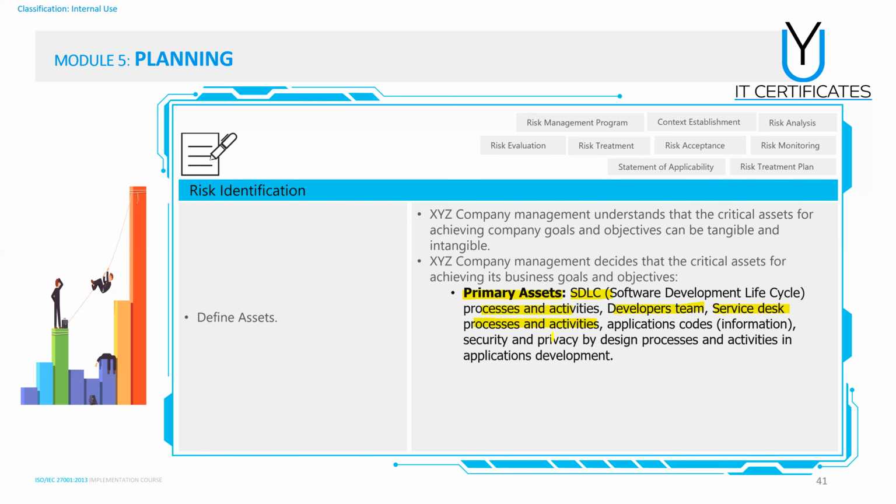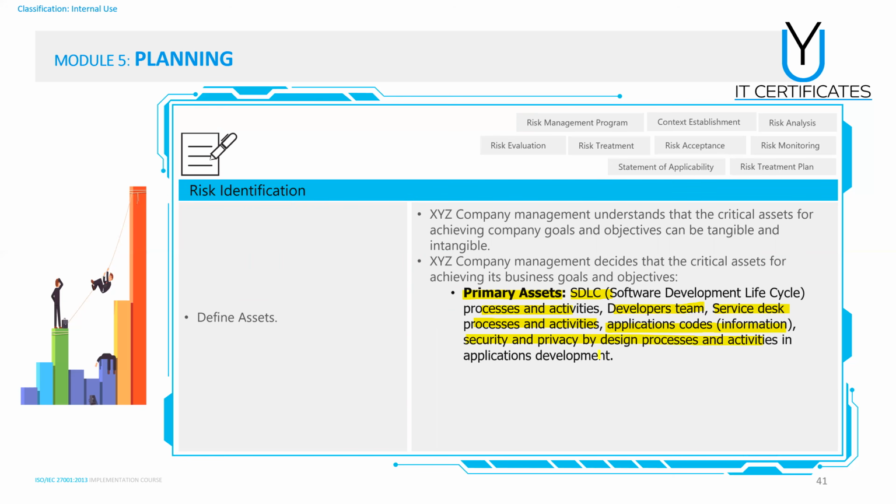This is very important because anyone who buys their application, they have to provide support and services for these applications. Also, we have to provide security for application codes and information, security and privacy by design process for software and application development.